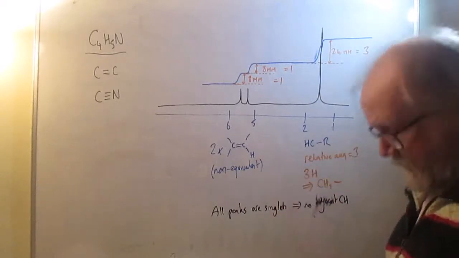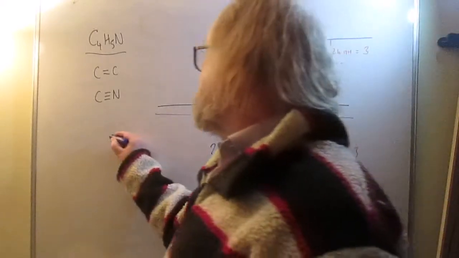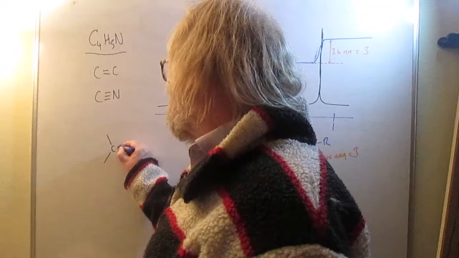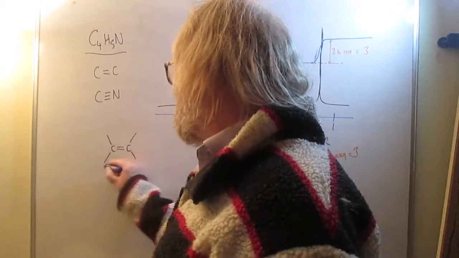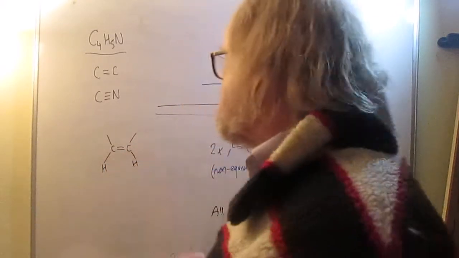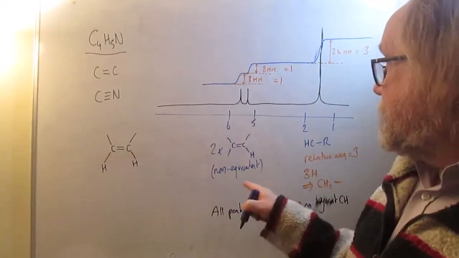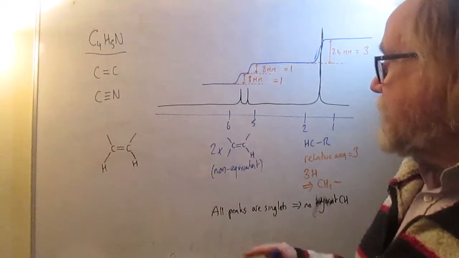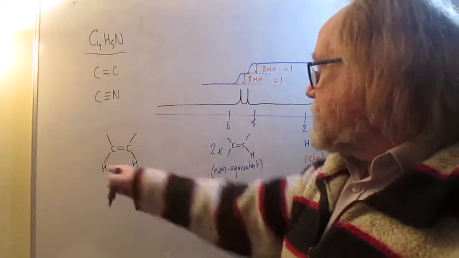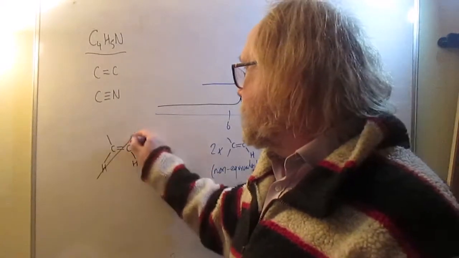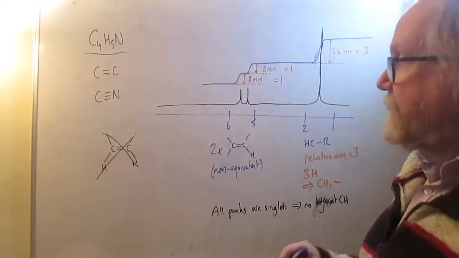So if we start by thinking about the alkene group, what it means is that we know we've got two alkene hydrogens, and they can't be like that, because we know that they're not equivalent, because they've got different chemical shifts. But if they were like that, they would split each other, and therefore that's not possible.